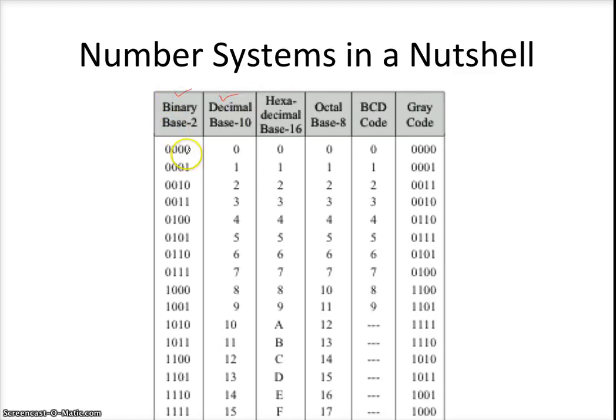So of course 0 is equal to 0, 1 is equal to 1, and 1, 0 is equal to 2, etc. For hexadecimal, you have the symbol set 0 through 15, and look right down here. Check it out. When it's hexadecimal F, it's the same thing as 1, 1, 1, 1. So that's the basis of the little conversion that we did on the previous slide.